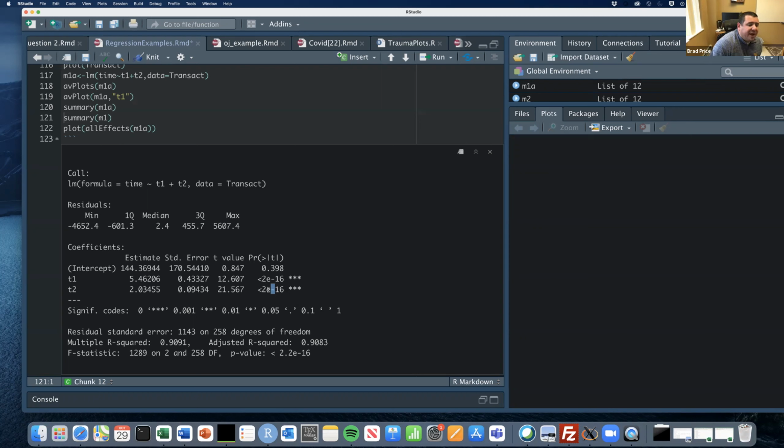Come down here, look at this p-value. We're saying that p-value is really small. What happens? We say T2 is an important predictor given T1 is in the model. So what does it come out to be?